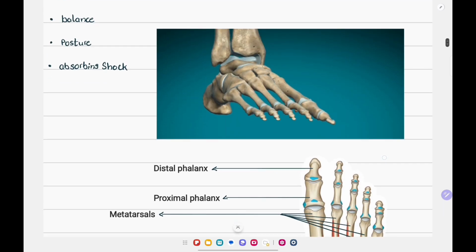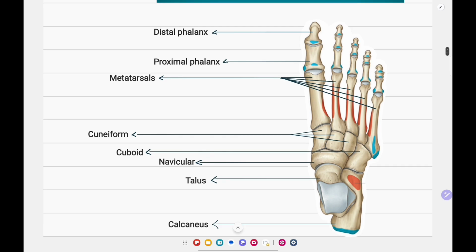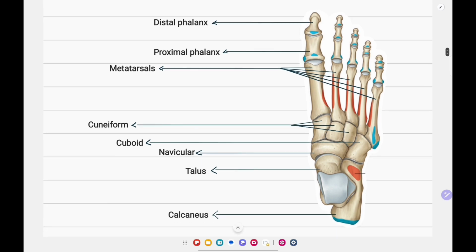Before deeply diving into the topic, I wanted to take a quick recap of the bones that form the foot. First one is the calcaneus bone, which forms the heel. The talus bone sits over the calcaneus bone, navicular bone right here, cuboid bone, and three cuneiform bones, the medial, intermediate, and lateral one.